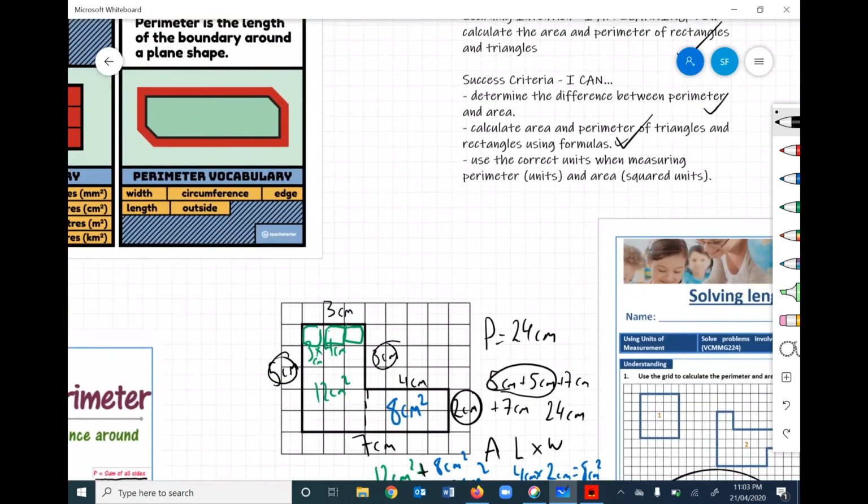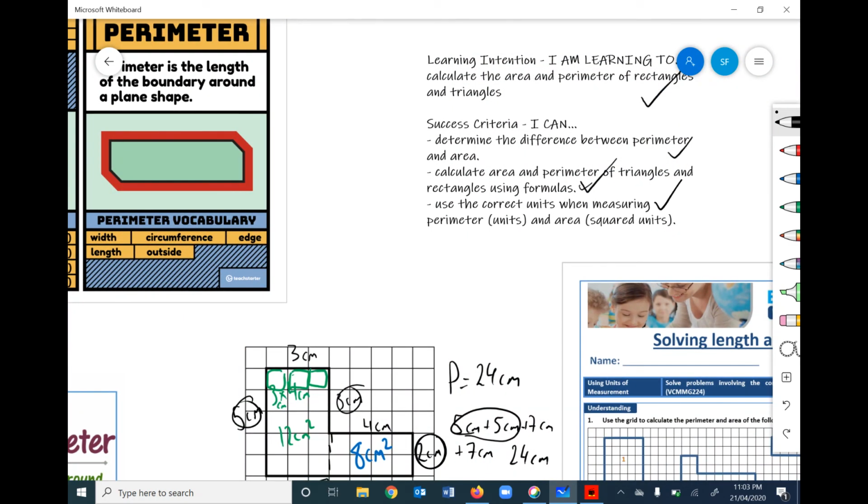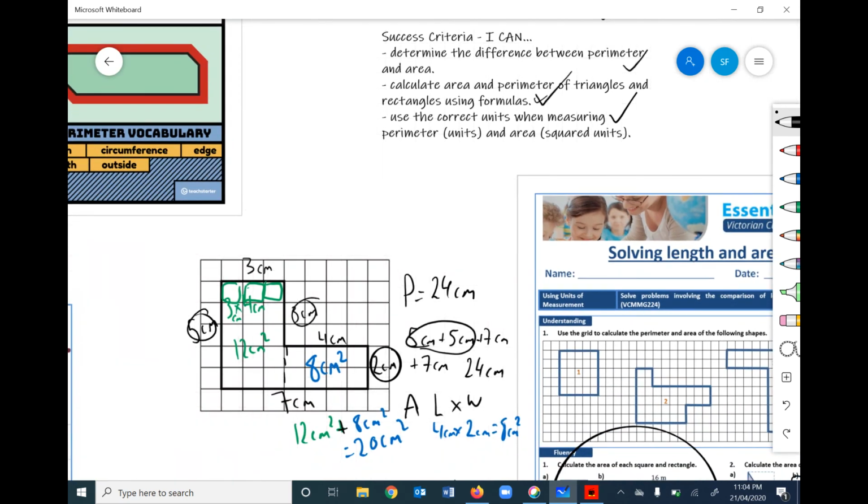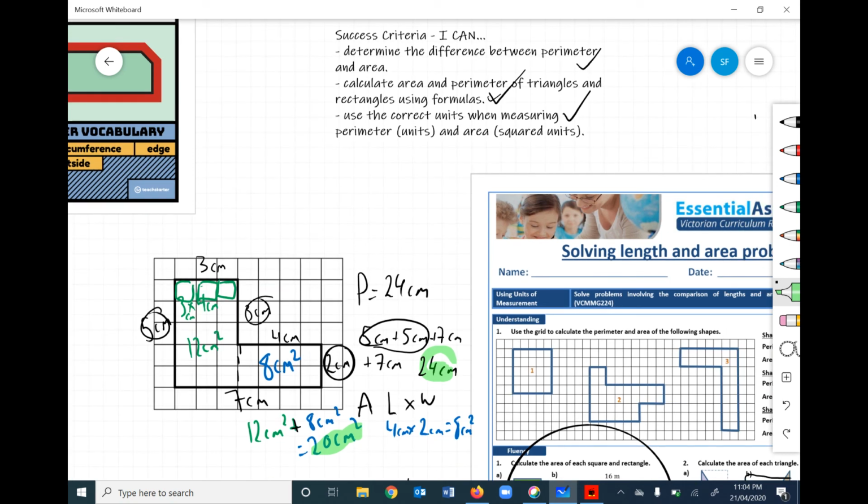The last one was that we know and use the correct units for measuring perimeter, which is just units, which we can see that we've done here, and also here. We're making sure that we're using centimeters squared or units squared for area and using units just for perimeter. Apart from that, that is solving length and area problems.